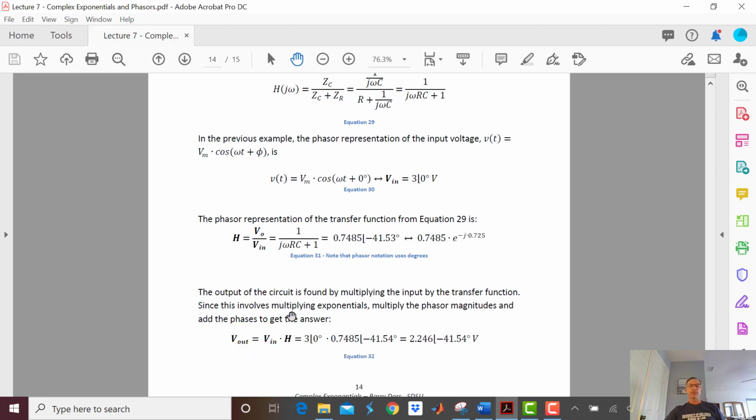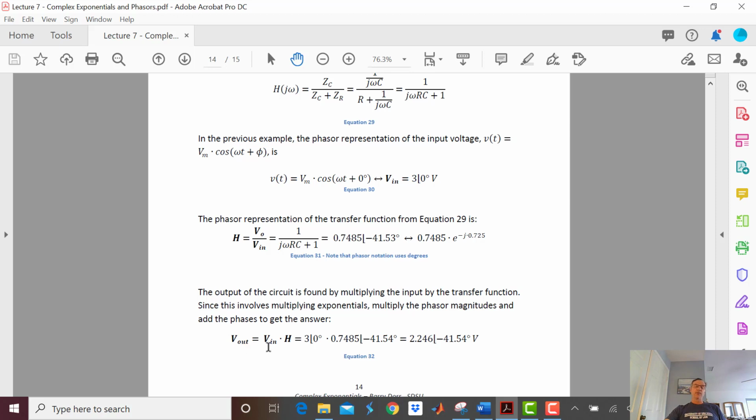And the output of the circuit is just found by multiplying the input by the transfer function, just like we did in the last example. Since this involves multiplying exponentials, we multiply the phasor magnitudes and we add the phases to get the answer. So now we're in phasor land.